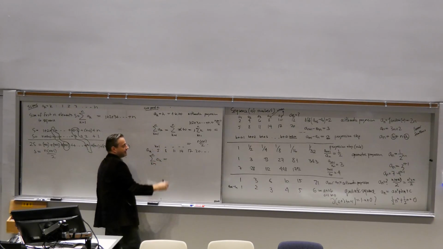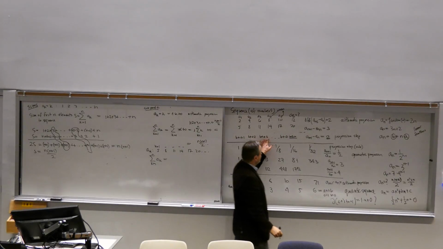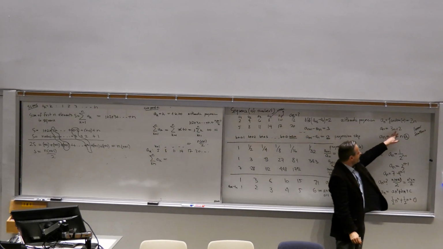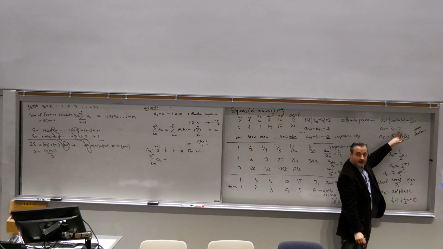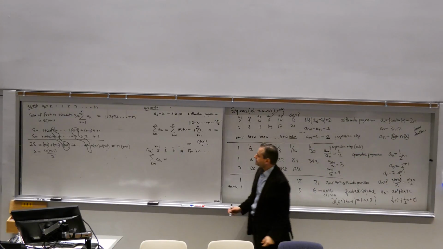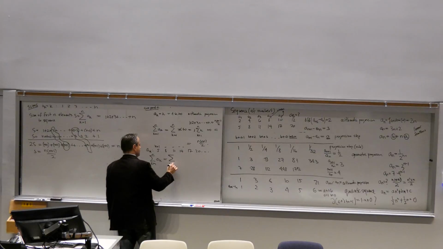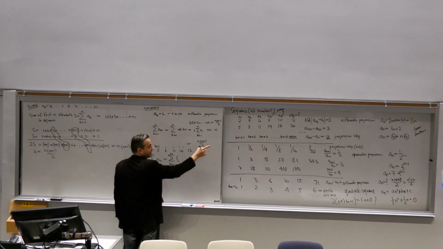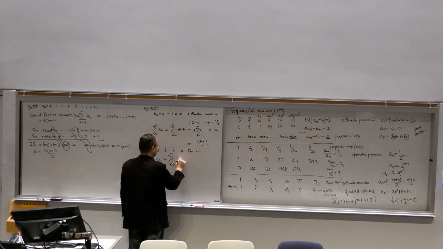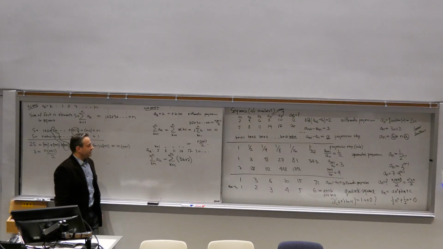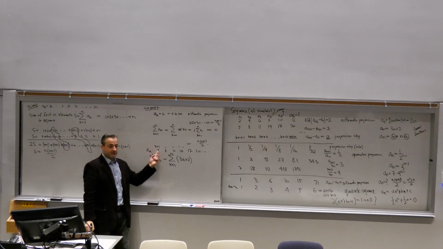If I apply this trick, I have to get first the formula for the arithmetic progression. I'm going to say this is a sum from k equal 1 to n of a_k, and that formula over there is 3k plus 2. Is that correct? Every a_k is actually 3k plus 2.